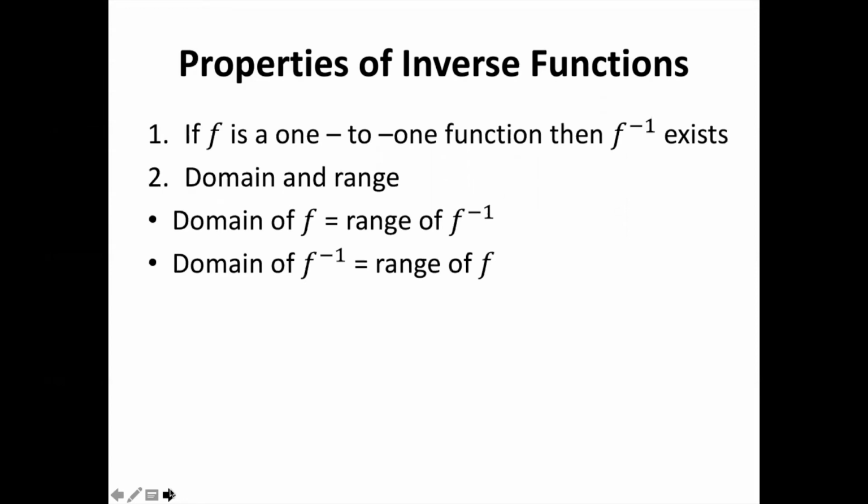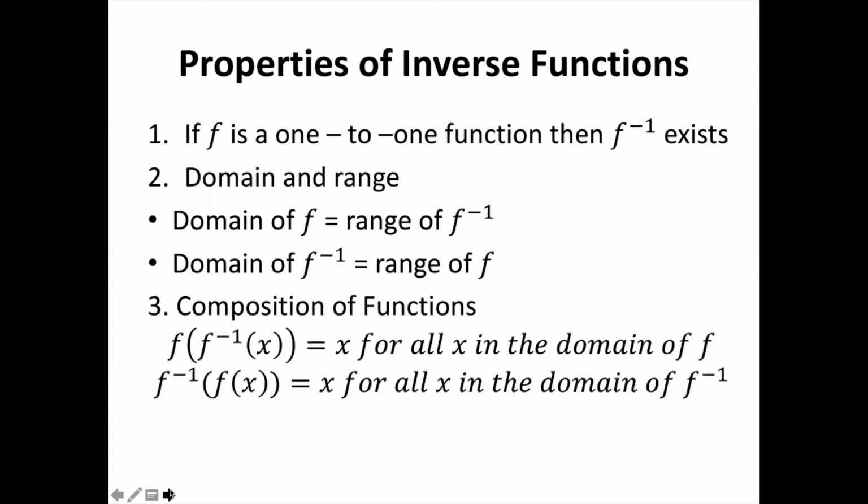Inverse exists. Based on the example presented a while ago, and in the activity that we have, the domain and range interchange. The domain of the function is the range of the inverse function, and the domain of the inverse function is the range of the function.